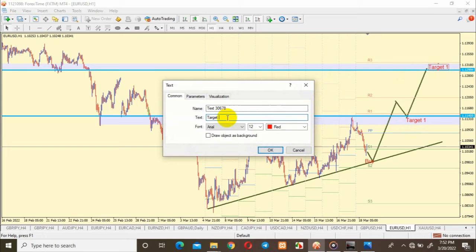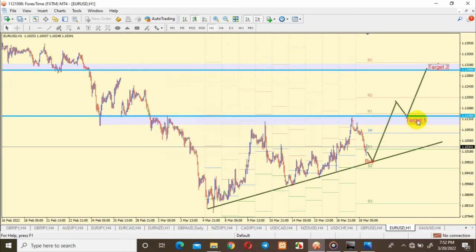So we have target 2 there. Target 1 is 1.1140 and target 2 is around 1.129. So take note of this chart. That is Euro USD. Now going to GBP USD.